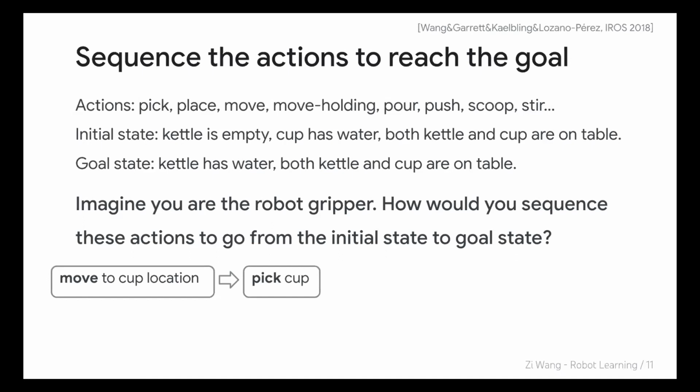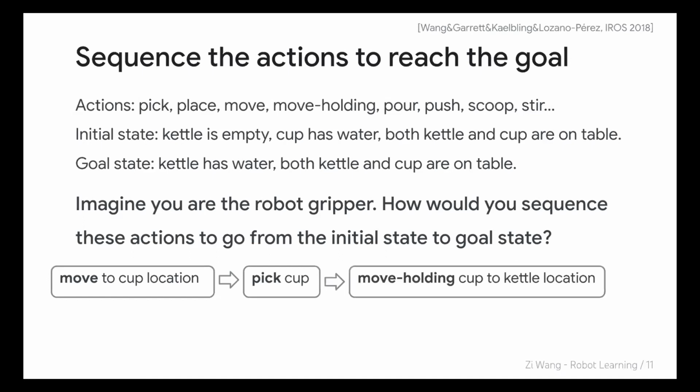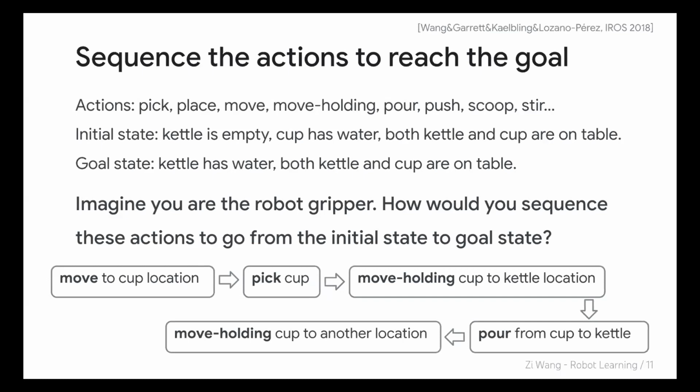So for this simple example, one particular plan could be that it moves to the cup position, picks the cup and moves while holding the cup to the kettle location, pours from the cup to the kettle, moves holding it to another location because eventually we want the cup also to be on the table, and then places the cup.